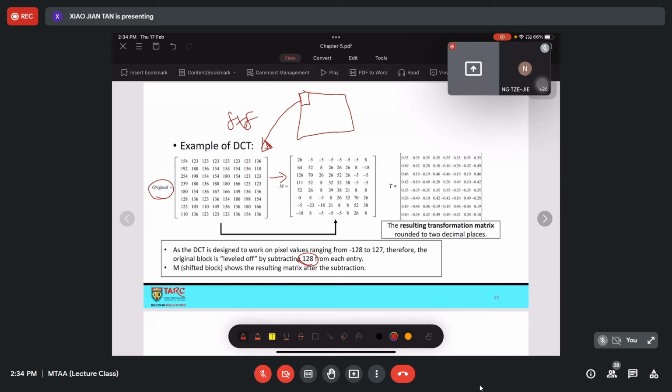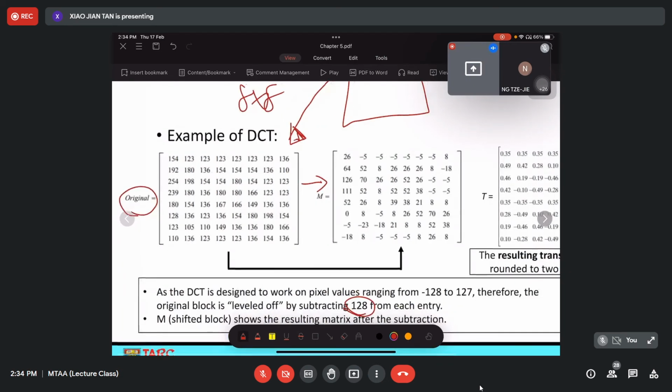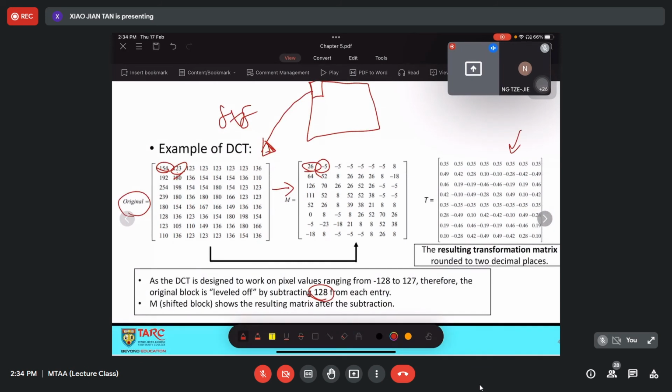But for this one, that is why the value here is subtracted by 128. You subtract 128 from 154, you get 26. You subtract 128 from 123, you get -5. So that is why in the DCT values you find negative values. This is the reason you get negative values.